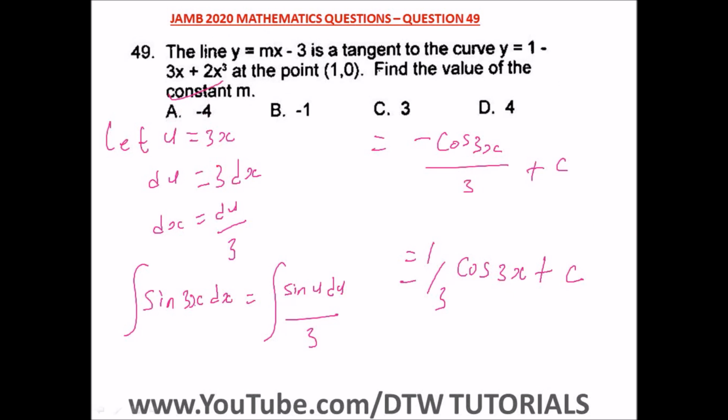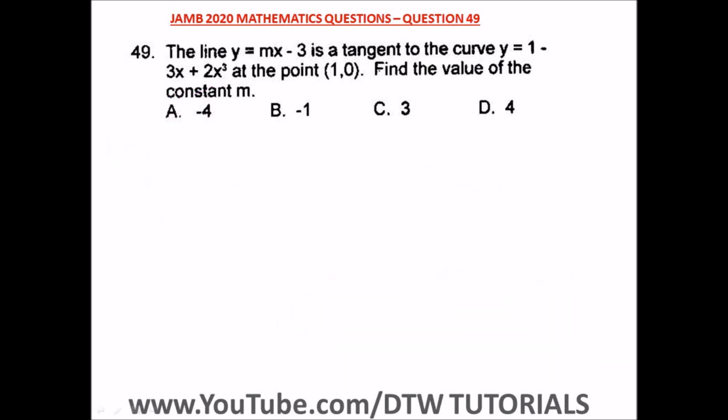It's question number 49. Now question number 49 says the line y equals mx minus 3 is a tangent to the curve y equals 1 minus 3x plus 2x cubed at point 1, 0. Find the value of the constant m.